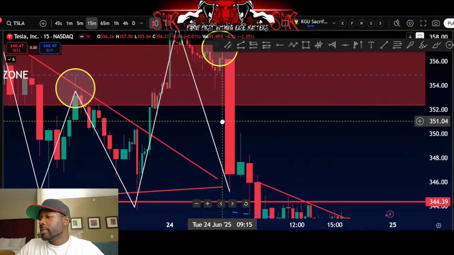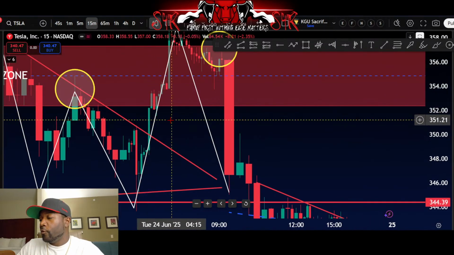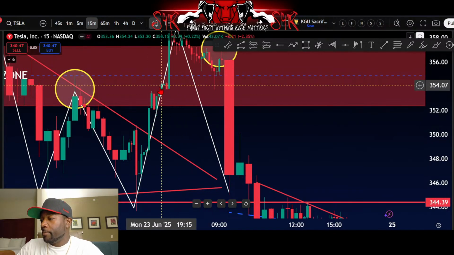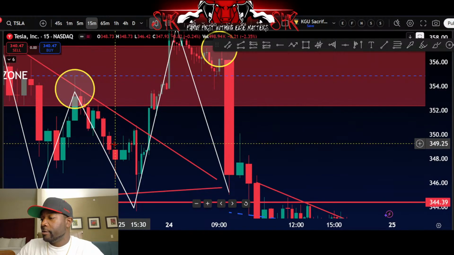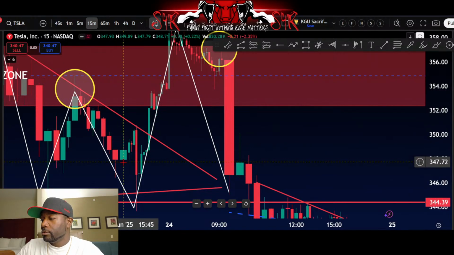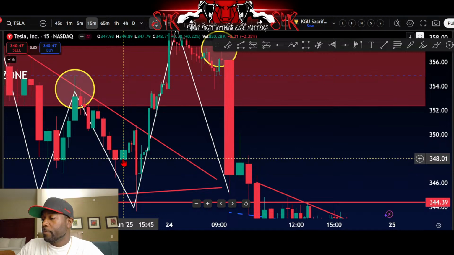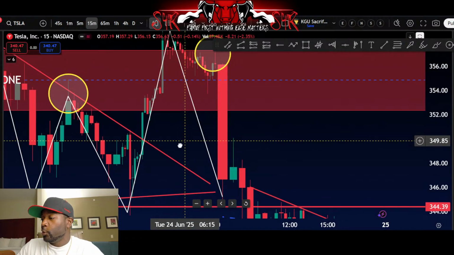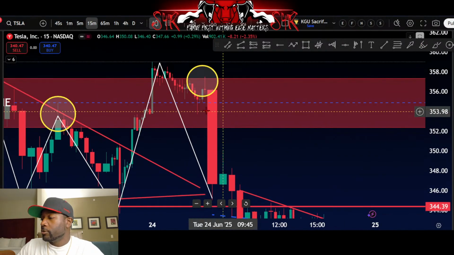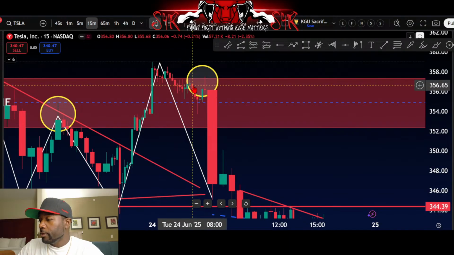Okay, so essentially during the overnight hours, this all happened, right? But we were focused on this pattern before close. We closed right here, okay? We closed here, and then all of this happened during the closing sessions, okay?